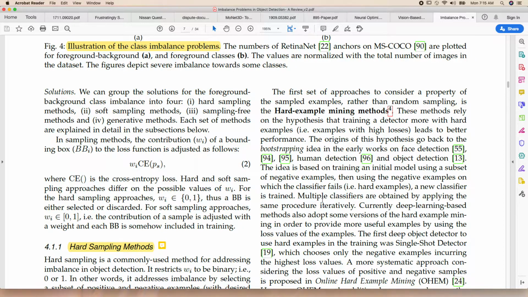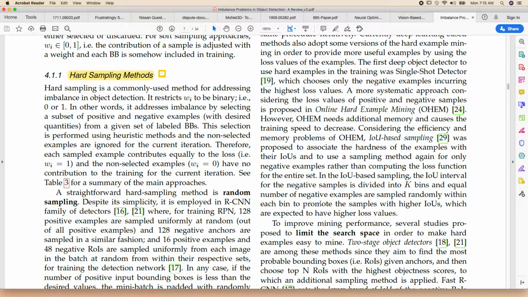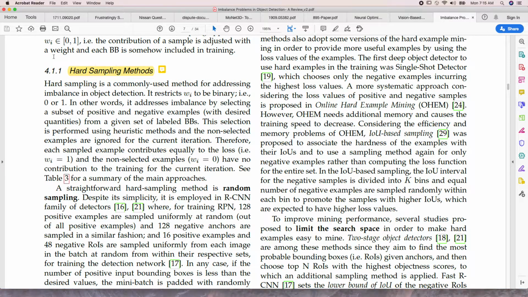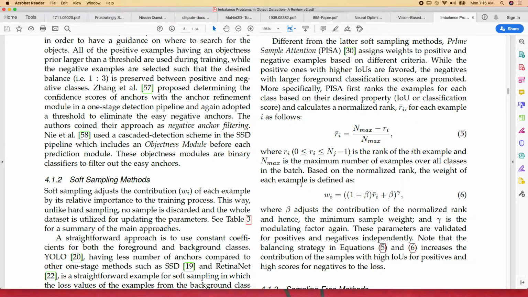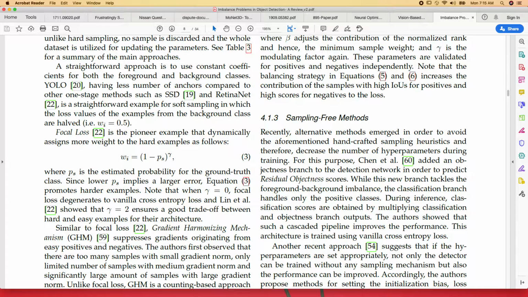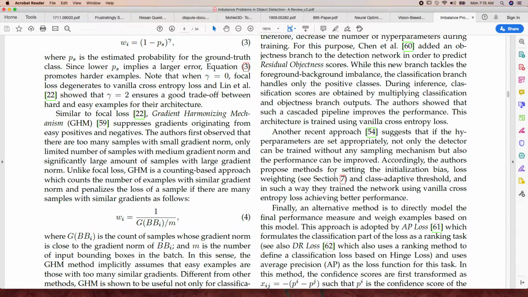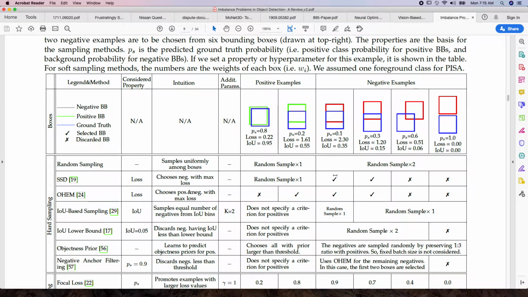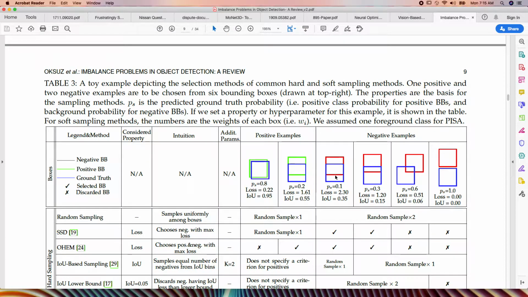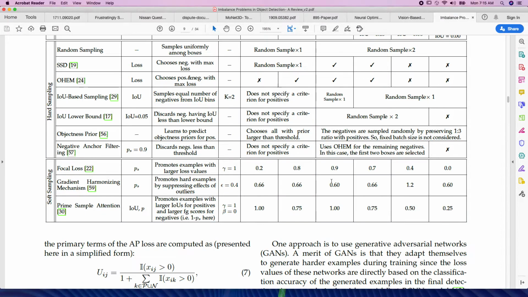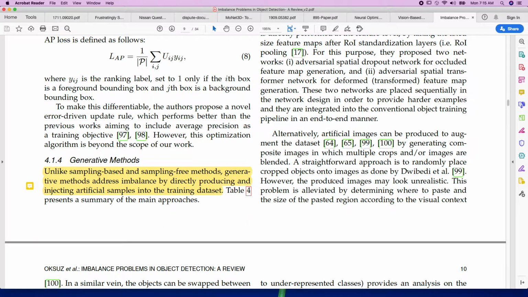We will go into details in subsequent reviews. Some of the ways by which this problem is solved are oversampling methods and subsampling methods. We'll go into this later in another review.